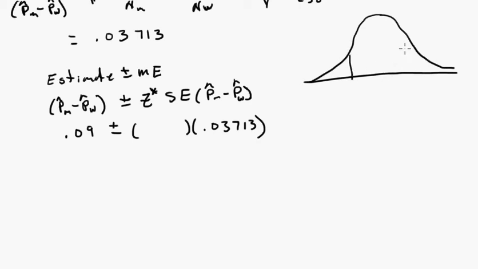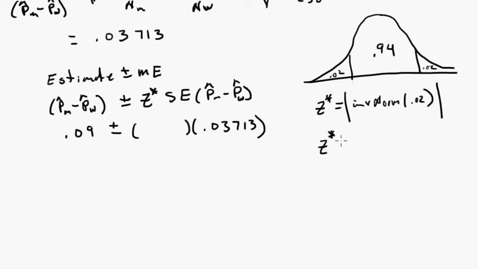Okay, so to get z star, we want a 94% interval, so 0.06 in the tails, so this would be 0.03 in each tail. So I can say z star is essentially equal to the absolute value of the inverse norm of that tail area. I get that z value, and then I ensure that it's positive.